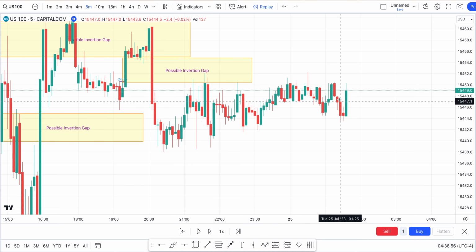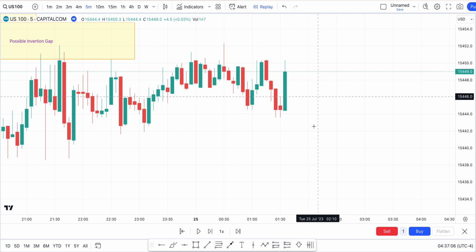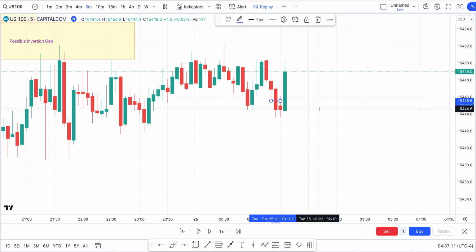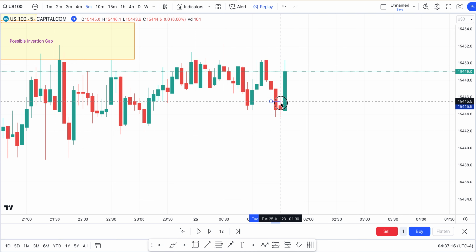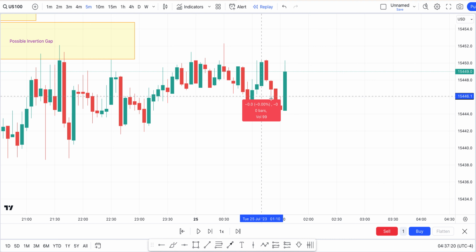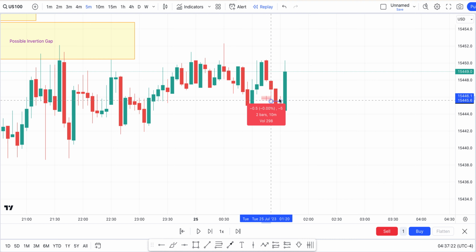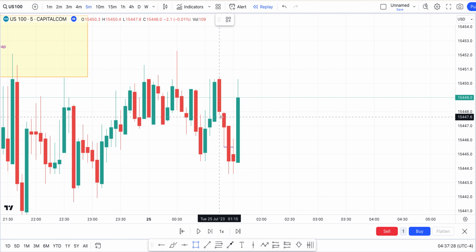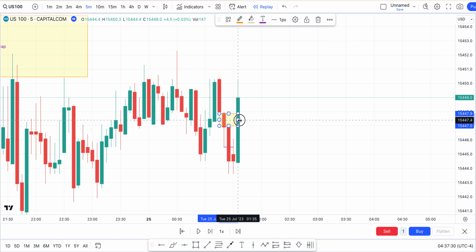Got a fair value gap. Let's see, that's perfection. That is perfection. So I'll be looking at this as an inversion fair value gap.